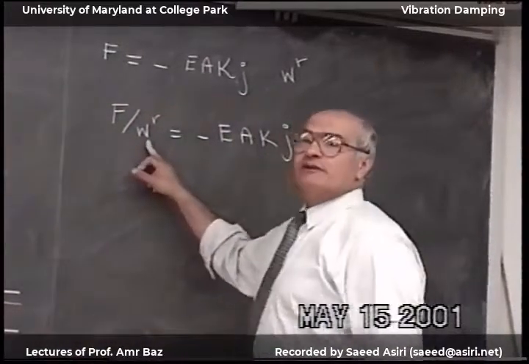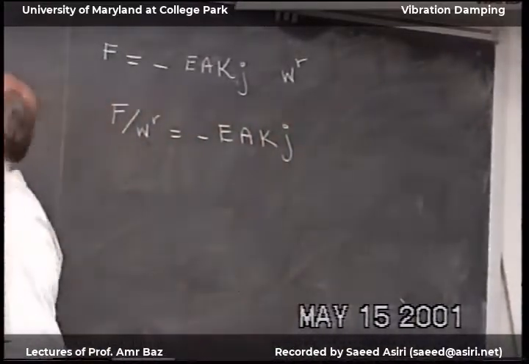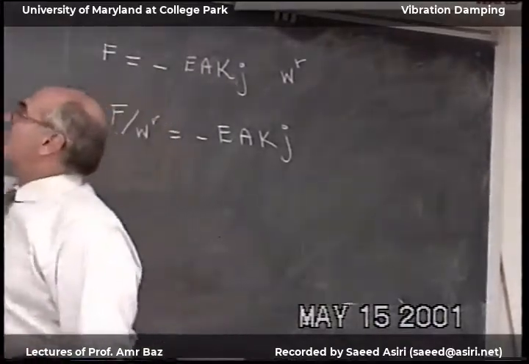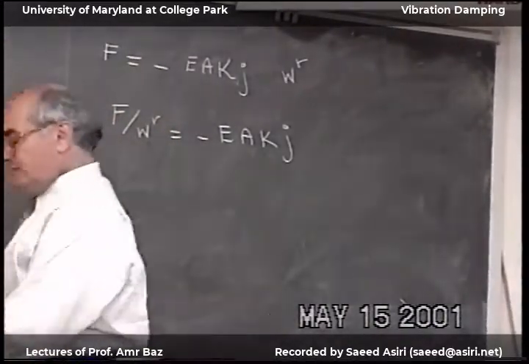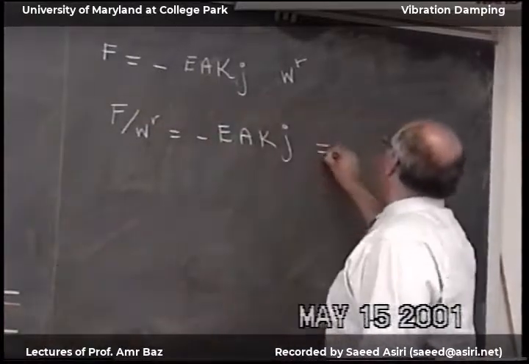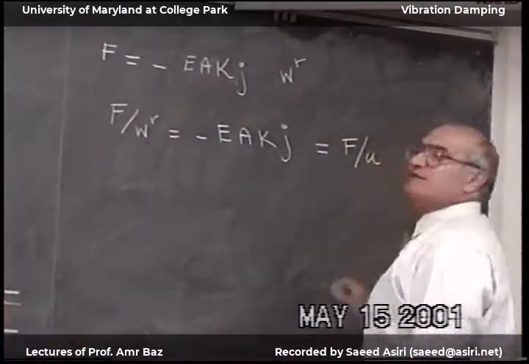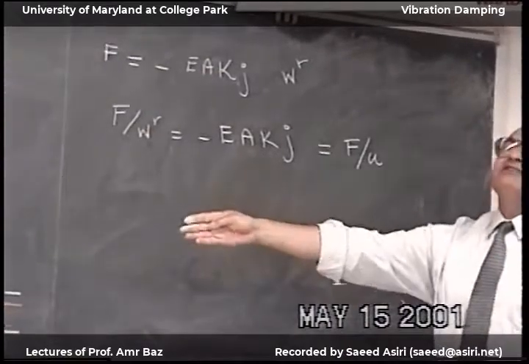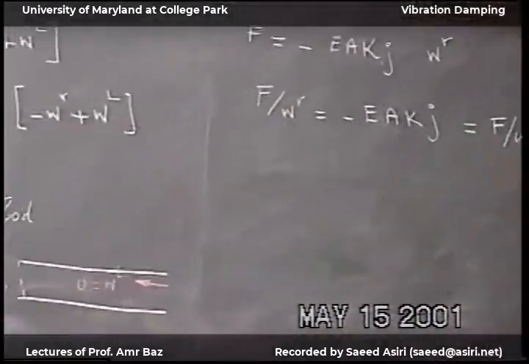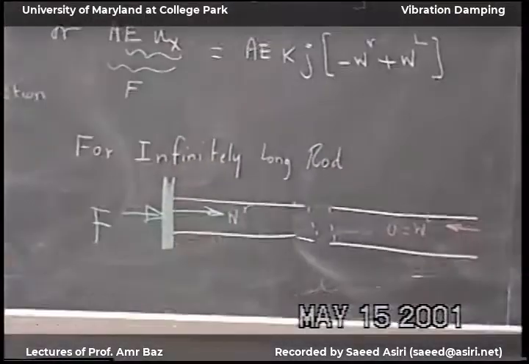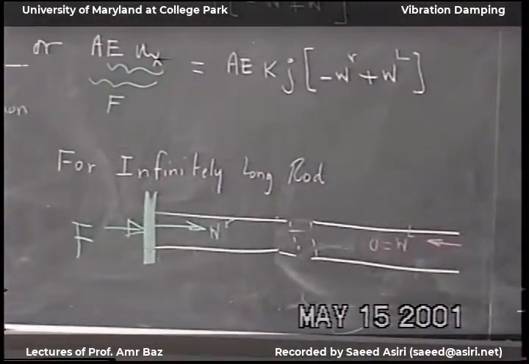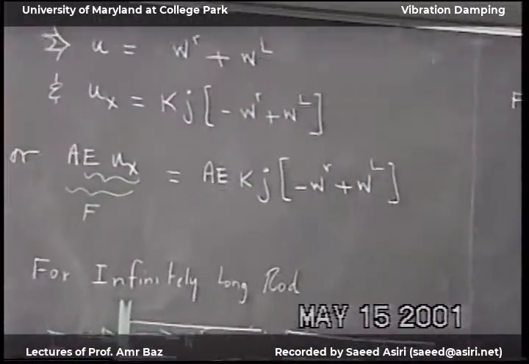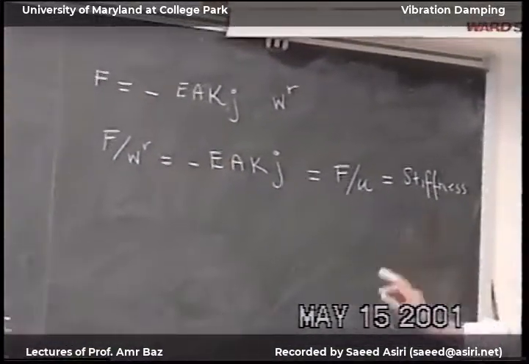This is deflection because if I put this here, WL is equal to 0, so WR is equal to U. So this is in effect the local stiffness at this green section. Okay, and I'll leave this for now.